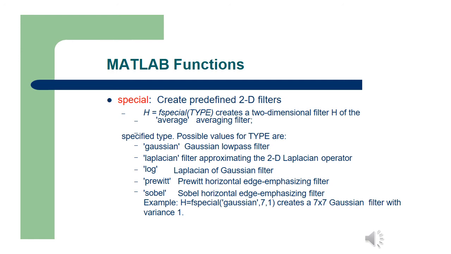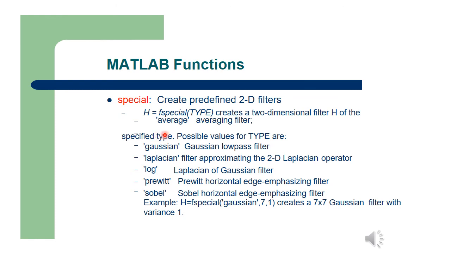We have another very important function called fspecial, which creates 2D filters. For example, the filter denoted by h is fspecial, and we have to put the type over here.